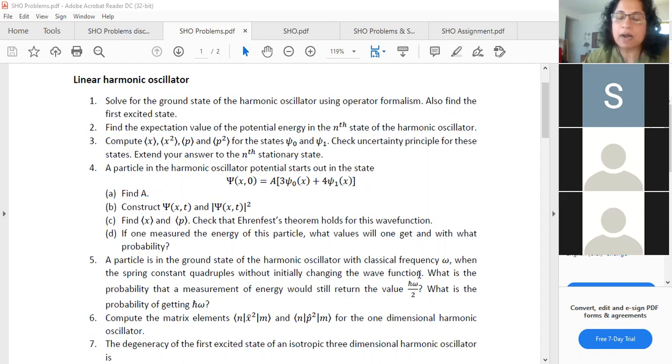Fine. One clue over here in the sixth problem: remember, x² is linked to the potential energy, p² is linked to the kinetic energy. So you will expect these matrices to be diagonal, and the diagonal elements should be the energy eigenvalues which you would measure for kinetic energy or potential energy.